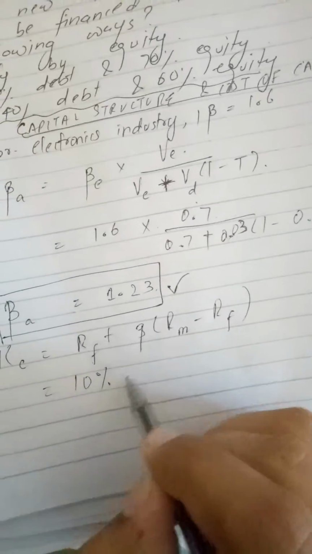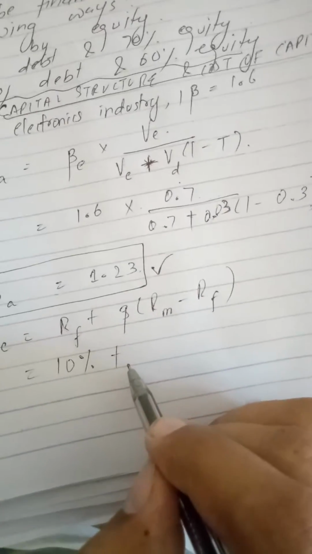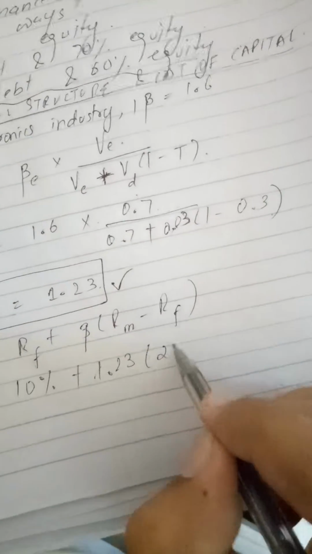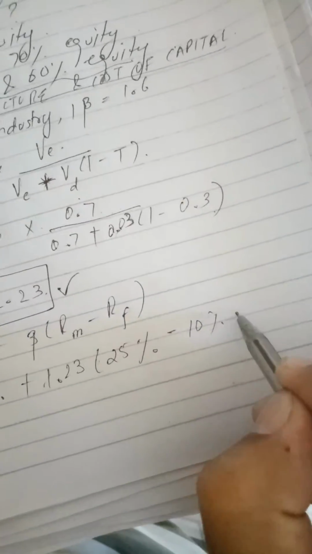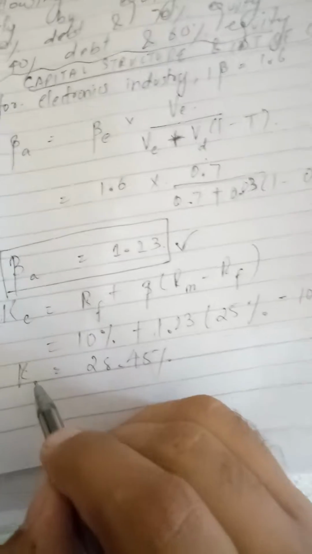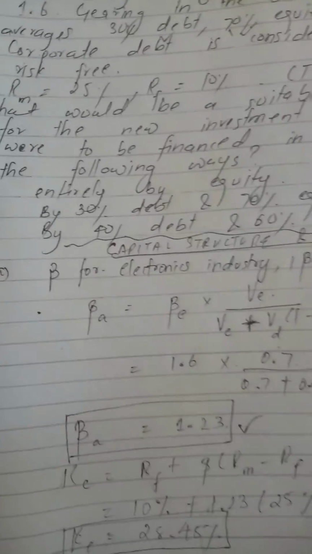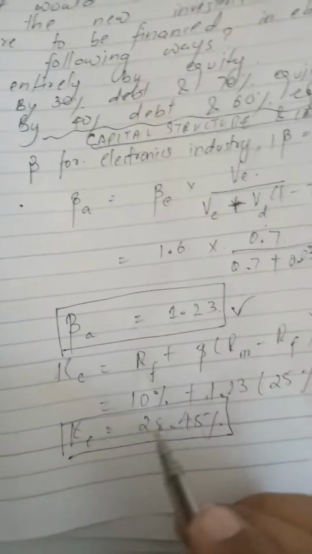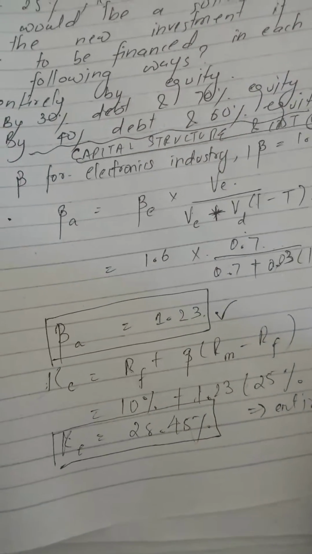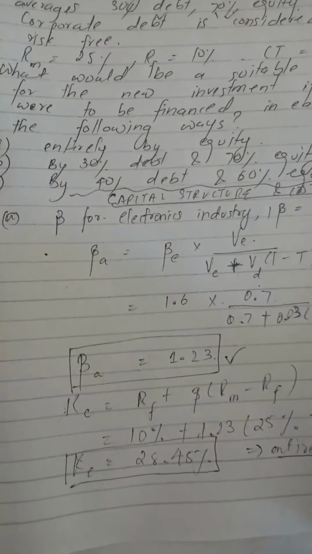RF is 10%, beta is 1.23, RM is 25%, so RM minus RF is 15%. That comes to around 28.45% for KE. So the project should be evaluated at this rate when financed entirely by equity, KE.